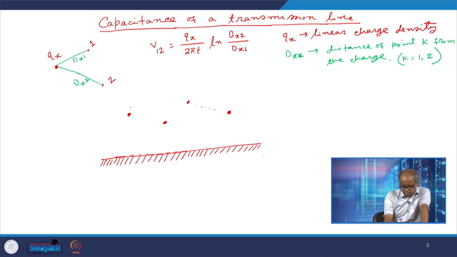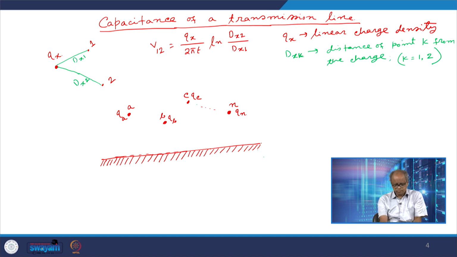And this is conductor A, conductor B, conductor C, and conductor N. So, N can be any number, and this conductor has got the linear charge density QA, this has got QB, this has got QC, this has got QN.